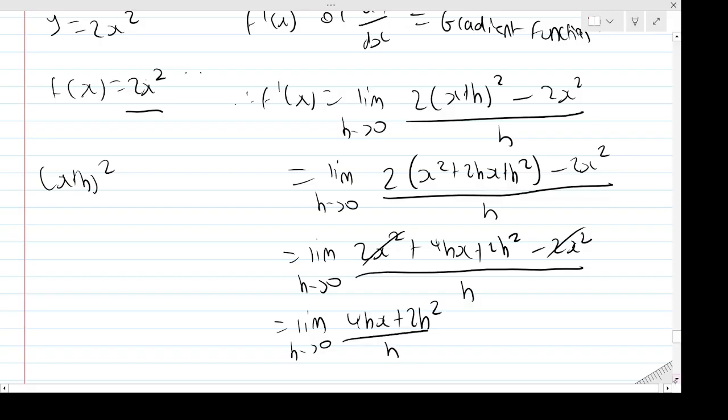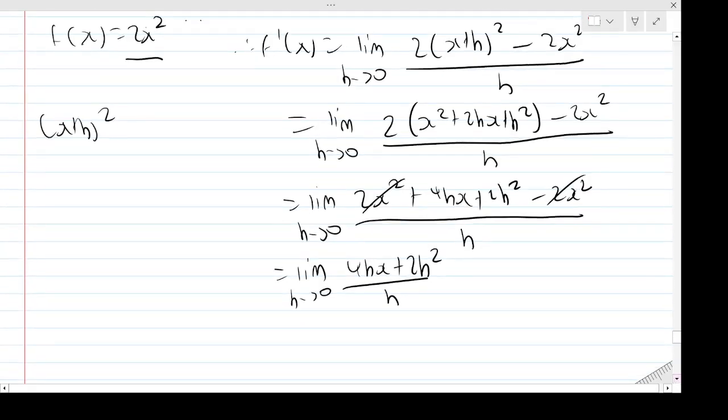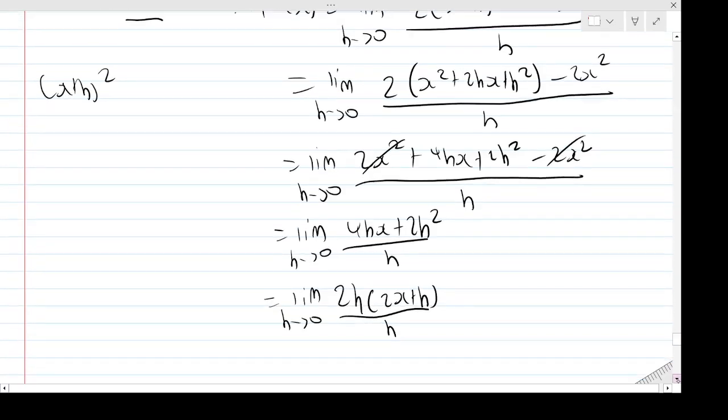Then again I can factor an h out. I can factor a 2 out as well, actually. 2h of 2x add h, all over h, and then I can cancel an h out, it's a common factor.